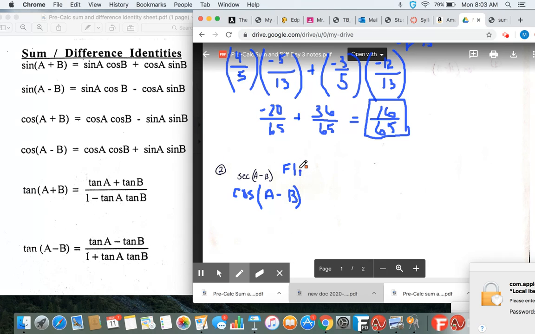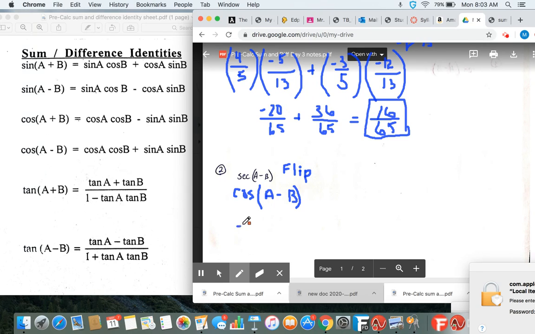Because if we're going to go ahead and use cosine, right, use the identity for that, well, whatever we get as the outcome, we have to make sure we take the reciprocal. Just like if it was cosecant, we would use sine, and at the very end, we would flip it to get our final answer. Okay, so we're using the identity, and it's cosine of A, cosine of B. So the cosine of A is negative 3/5.